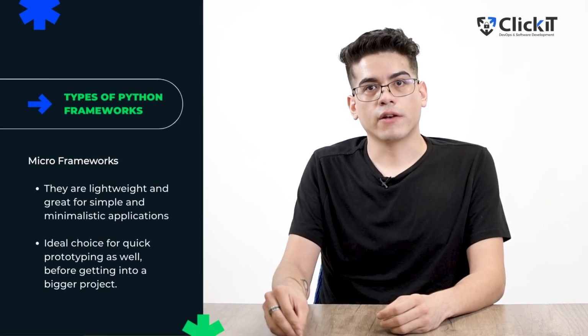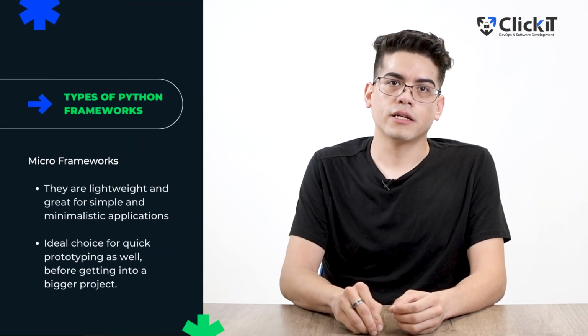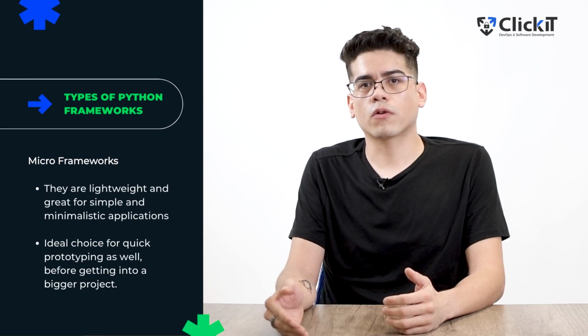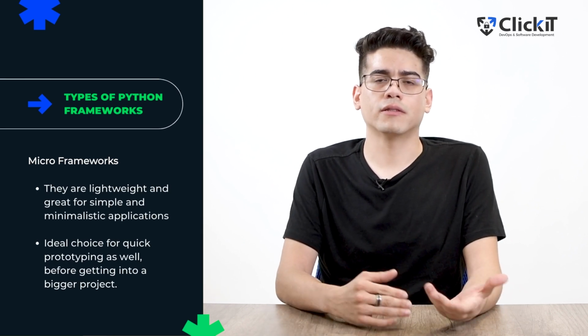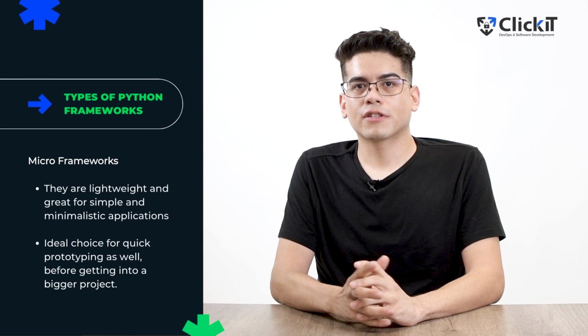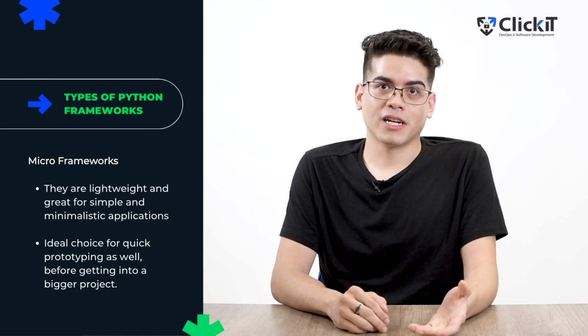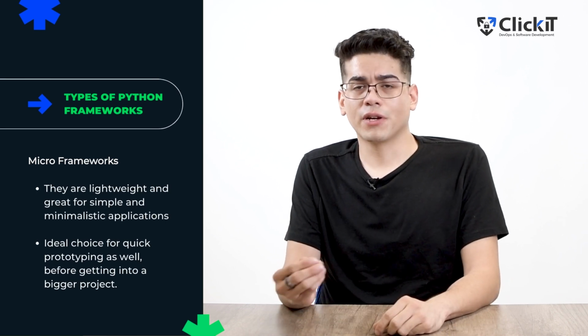Micro-frameworks. These frameworks are tiny, as they lack some of the features we would take for granted in full-stack frameworks. But that doesn't mean they are less useful. They are lightweight and great for simple and minimalistic applications, where working with a full-fledged framework would bring more nuances to development than necessary. Micro-frameworks can be an ideal choice for quick prototyping as well, before getting into a bigger project.